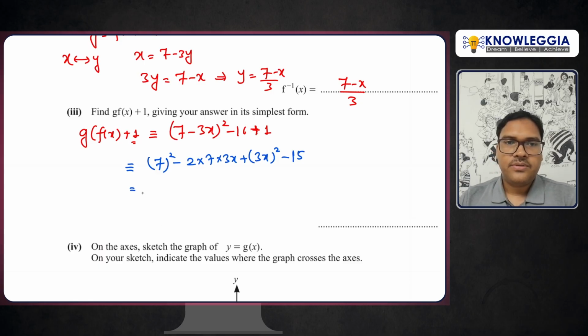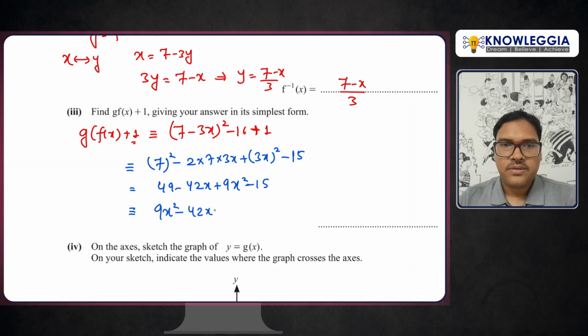So this is 49 minus 42x plus 9x squared minus 15. So what is the answer? This is 9x squared minus 42x, and plus 49 minus 15, this is 34.